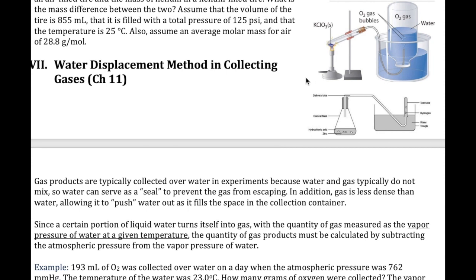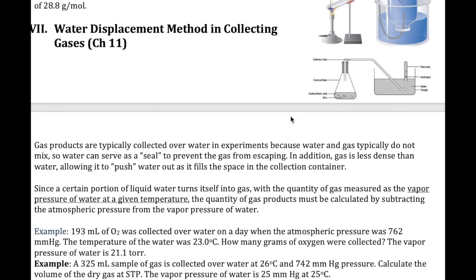Now the reason this is important and how it relates to Dalton's Law is because when you collect this gas, you have not only the gas you collect, but also some water vapor that's already present on top of the liquid water. In other words, the pressure of the gas on top of the water is the sum of the pressure of the gas you collect plus the vapor pressure of water.